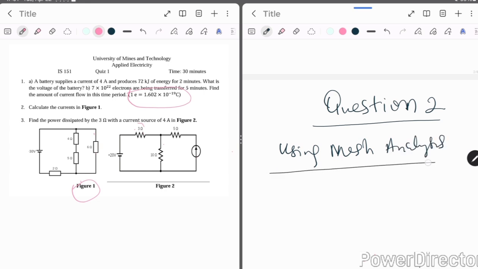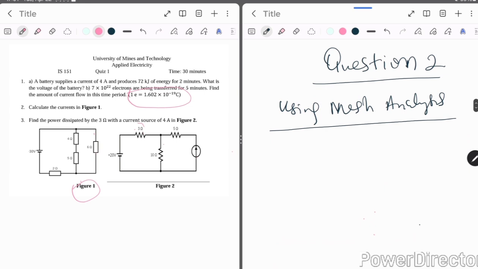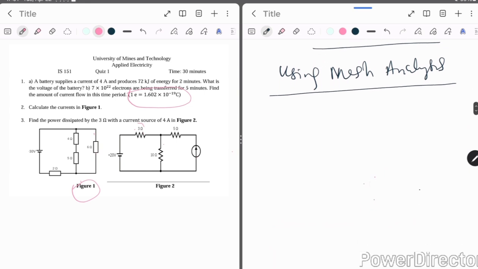So in using mesh analysis, we are going to assign a current to each loop. So I'm going to sketch the circuit diagram, figure 1. We have 30 volts here. Then I have 4 ohms.